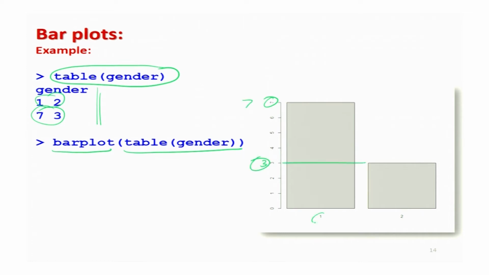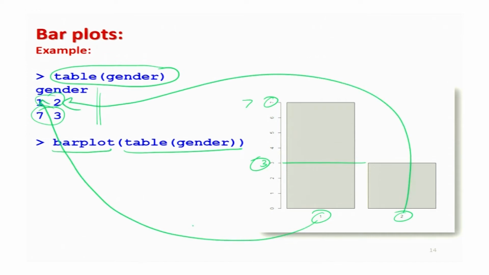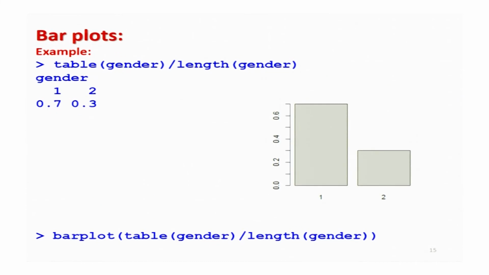So this is category 1, this is category 2, which is male, and this is the female category. So this is one of the very basic bar plots, and after that you will have many options to change the names, change the colors, and put a title on the graph, on the axes, etc., which I will show you very soon.